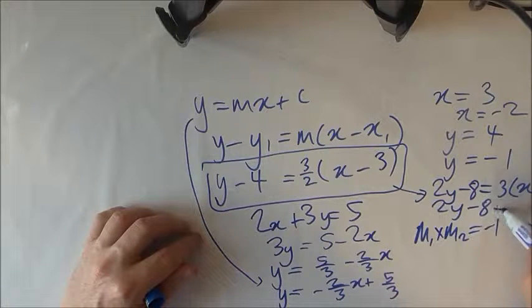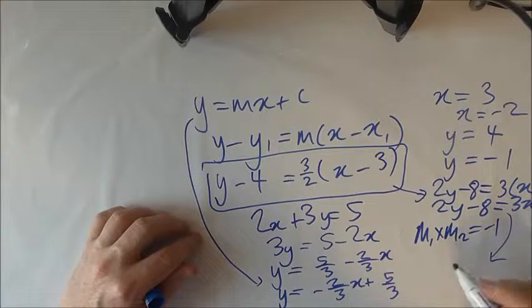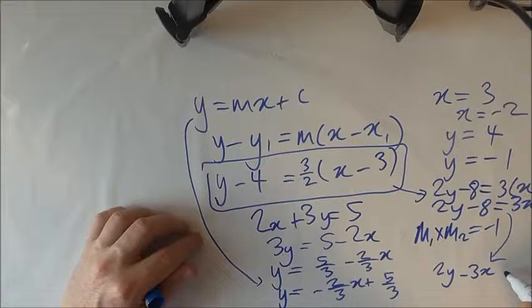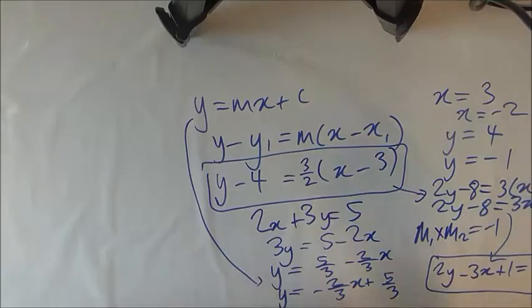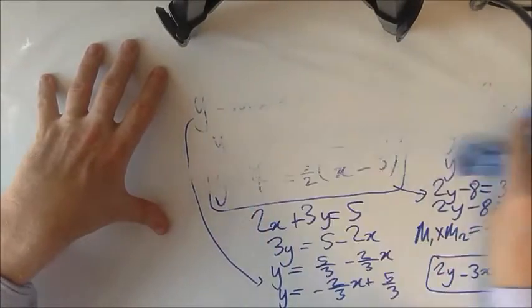Multiply out that bracket, and so my final answer is 2y minus 3x plus 1 equals 0. That's an example of when you tidy it up by making 0 by itself rather than y by itself.